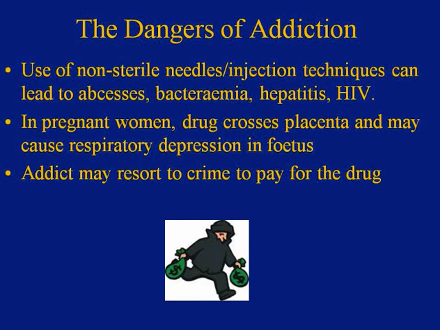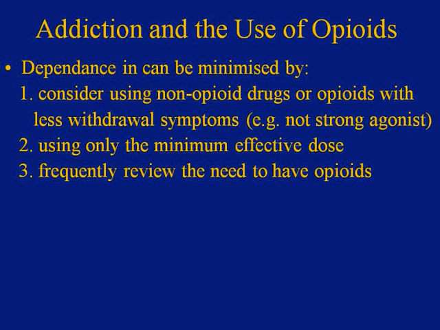So we want to find ways in which we can minimize our patients getting psychologically dependent on opioids. There are three things we can do. First, we can consider using non-opiate drugs such as NSAIDs instead of opiates. Or if we want to use opiates, we could use opiates that have less withdrawal symptoms, meaning not using the strong agonists.